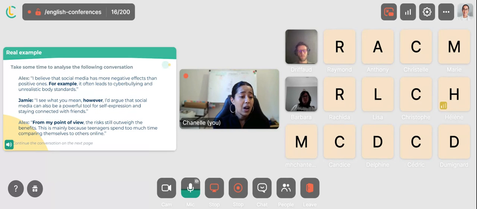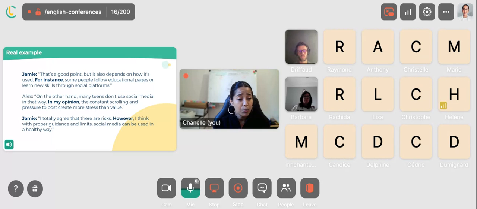However, I'd argue that social media can also be a powerful tool for self-expression and staying connected with friends. Alex says, from my point of view, the risks still outweigh the benefits. This is mainly because teenagers spend too much time comparing themselves to others online.